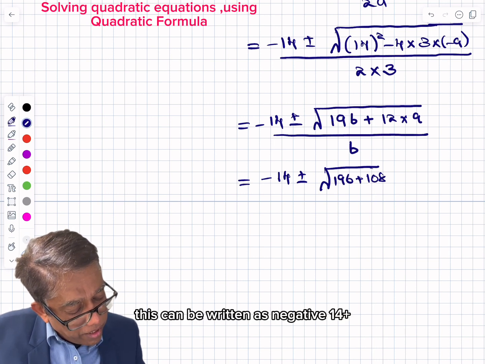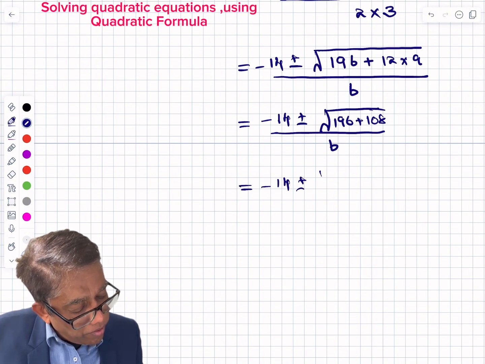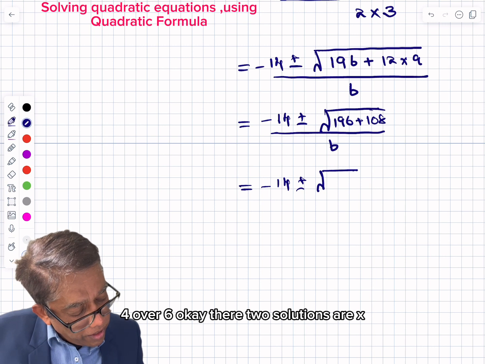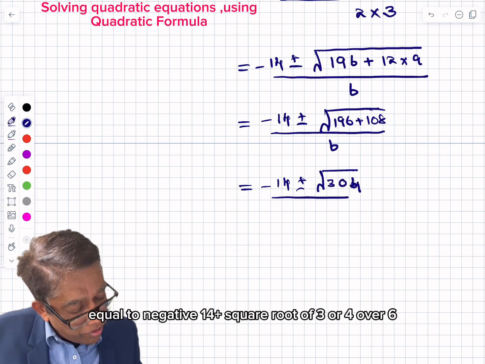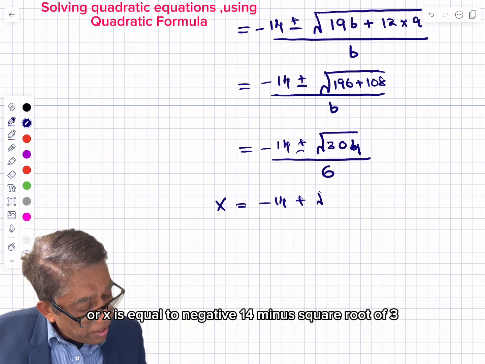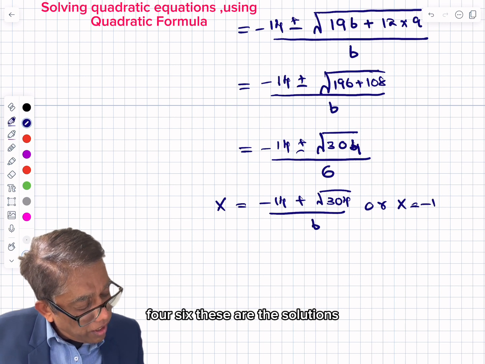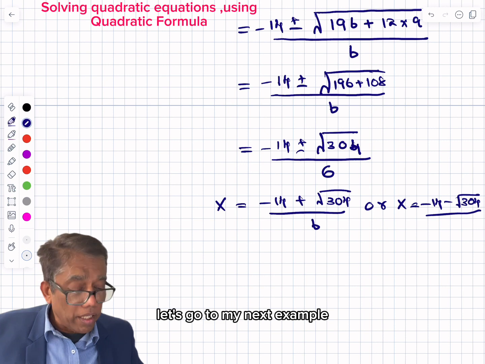This can be written as -14 ± √304 over 6. Okay, there are two solutions: x = (-14 + √304)/6, or x = (-14 - √304)/6. These are the solutions.